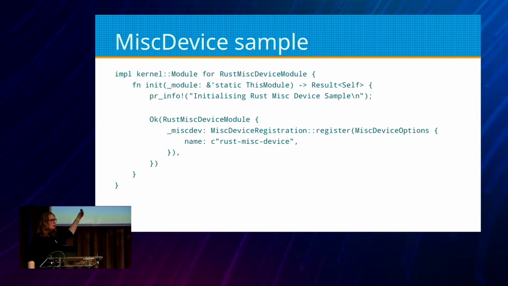And when you have this implement block, you make this struct usable as a module in contexts that need a module, right? And in the case of module, it's pretty simple. You just need an init function for when the module is loaded. And so this one basically just registers it with a name, and that's it.